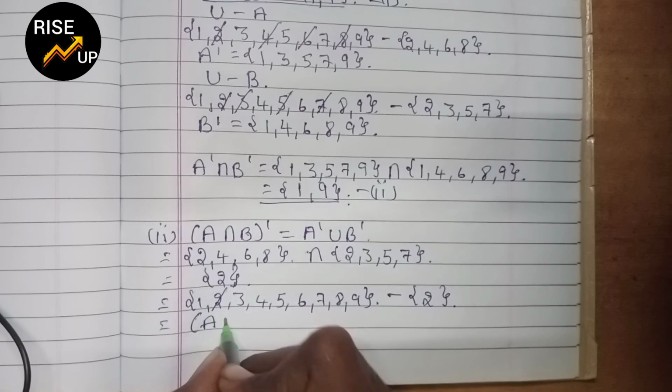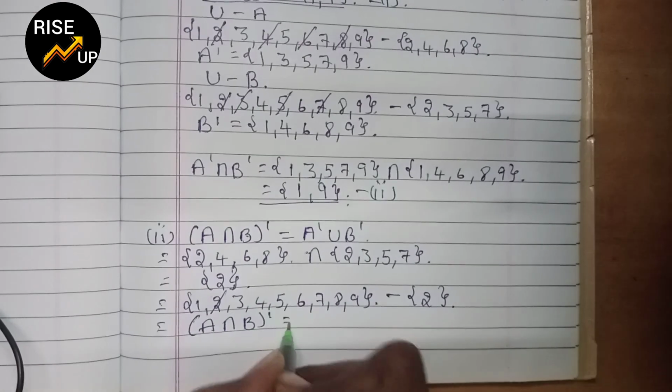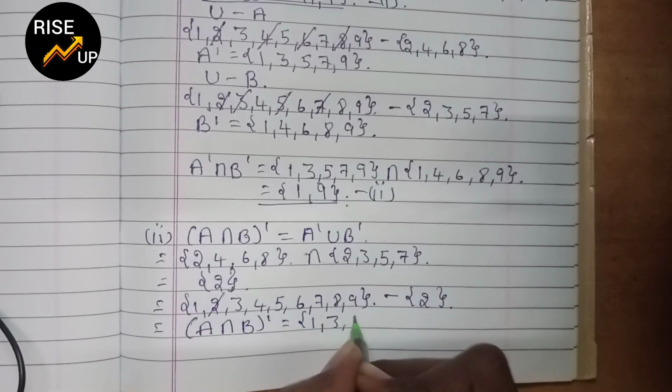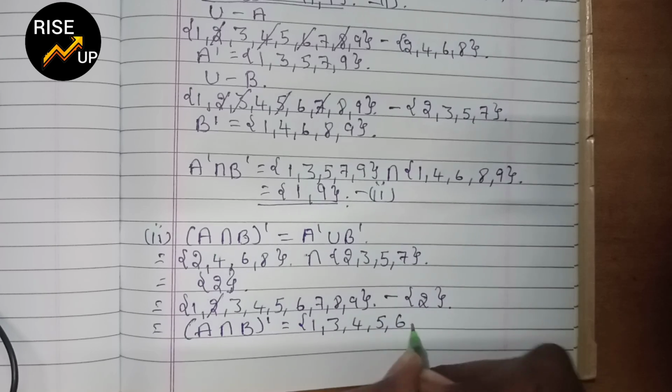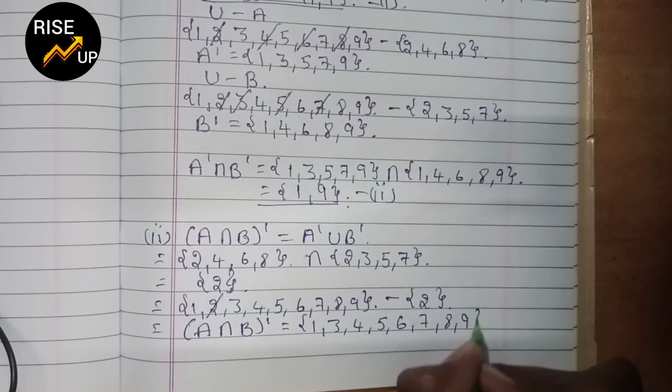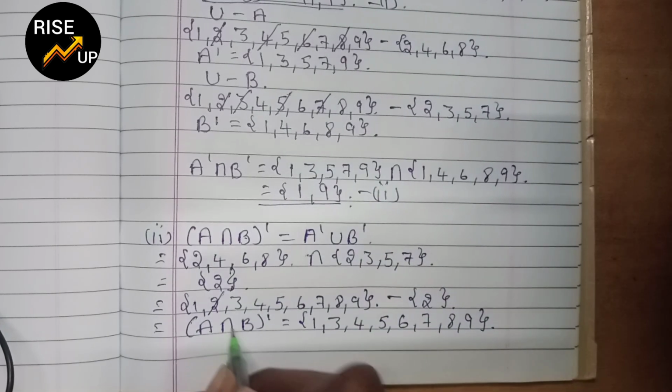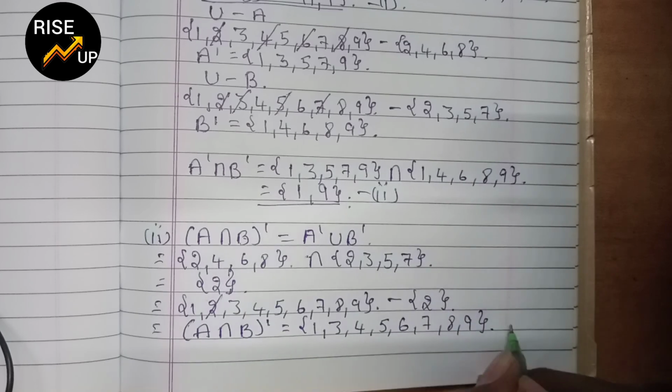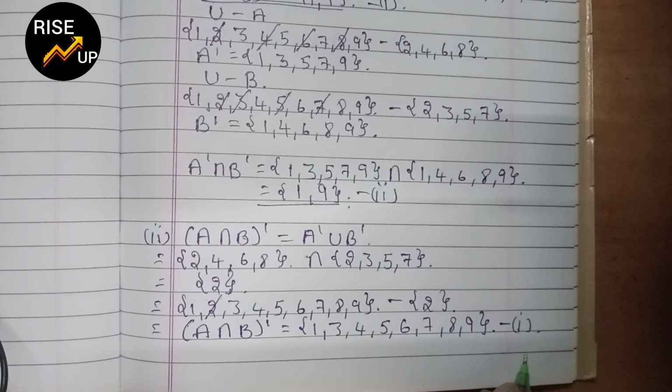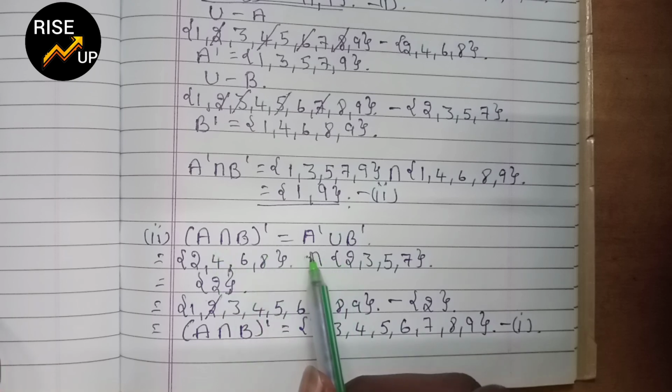That is your answer for (A intersection B) whole complement: 1, 3, 4, 5, 6, 7, 8, 9. Let this be the first equation. Now the left hand side part is over. We'll move to the right hand side.